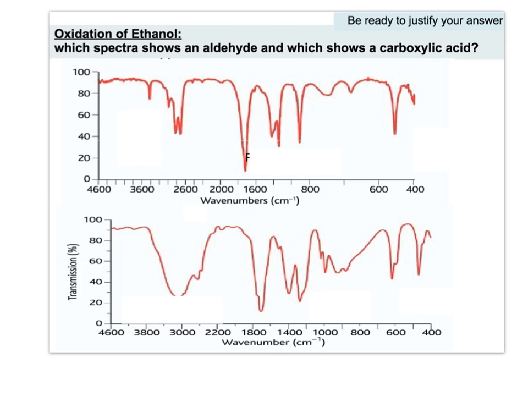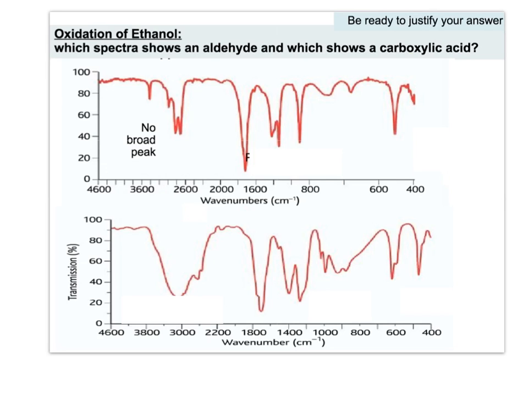So this is another question you might be expected to do. You've got two spectra, and which of them shows the aldehyde and which one shows the carboxylic acid? Well, you should know that the aldehyde just contains a C double bond O, whereas the carboxylic acid also contains a C double bond O, but it also contains an OH. So look on your data sheet. Where should there be an OH? Well, you can see there's definitely no OH here.